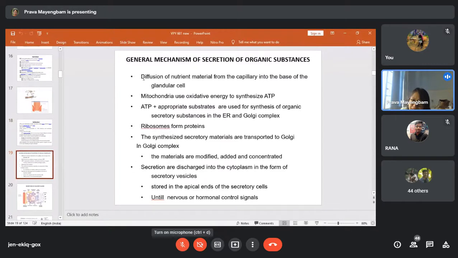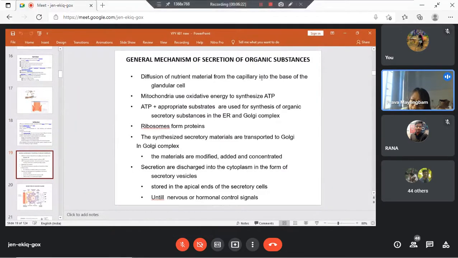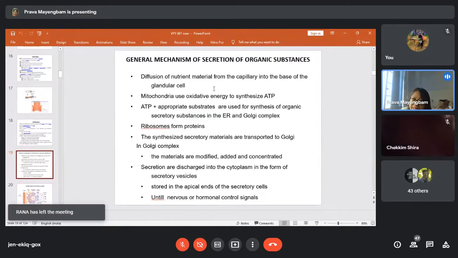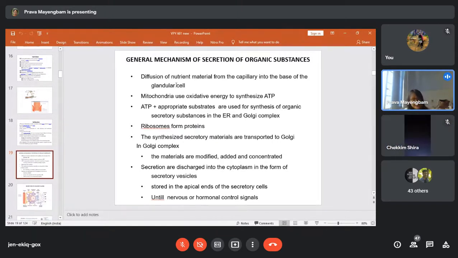So there will be diffusion of nutrient material from the capillary into the base of the glandular cell. Why do we say glandular cell? Because this cell is going to act as a gland. It is going to secrete certain secretions.